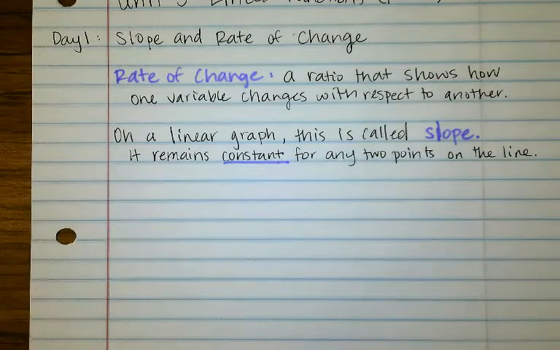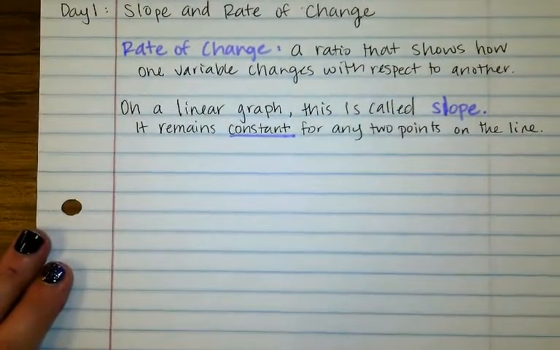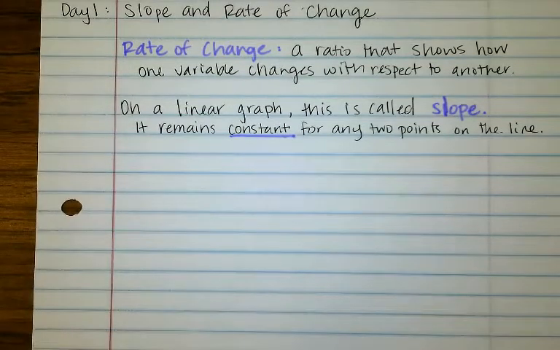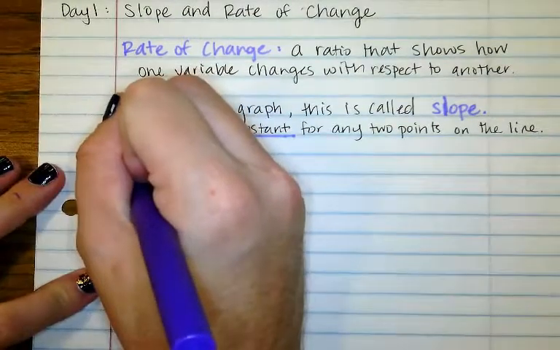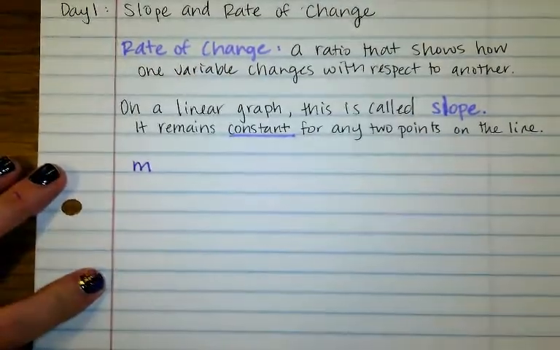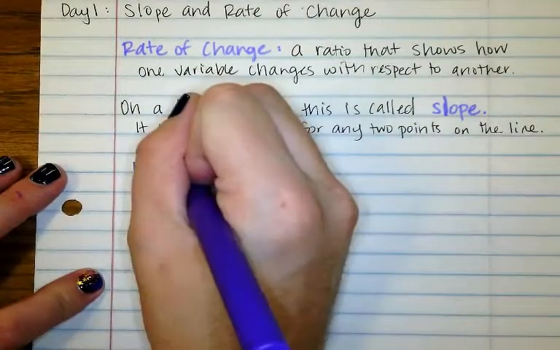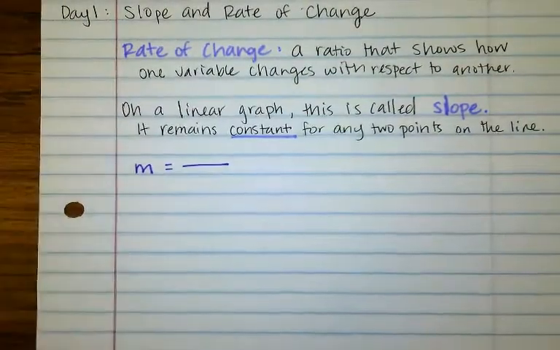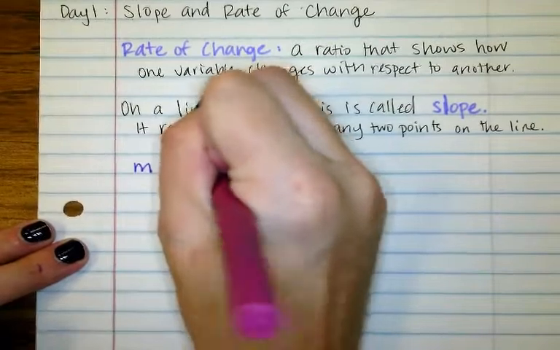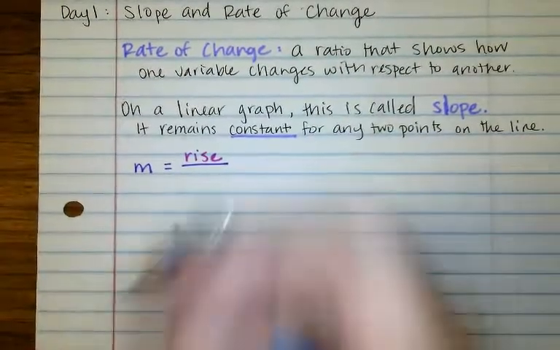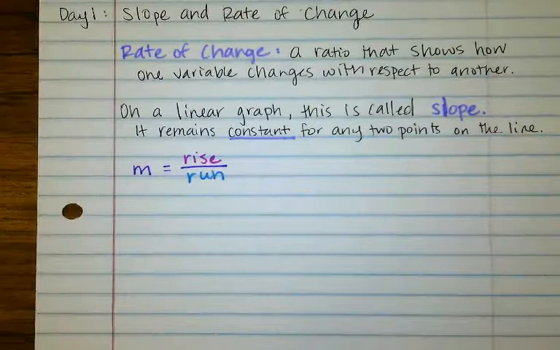And if we want to find this slope on a graph or on a table or between 2 points, we can use different formulas and different things, okay? So specifically today, the variable that's used for slope is m. Does that feel familiar to anybody? M. And m is going to be equal to, we are going to call it the rise over the run.